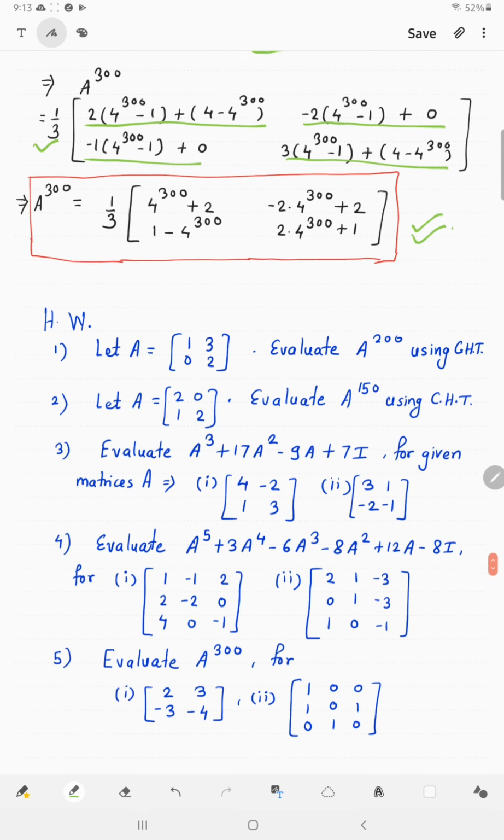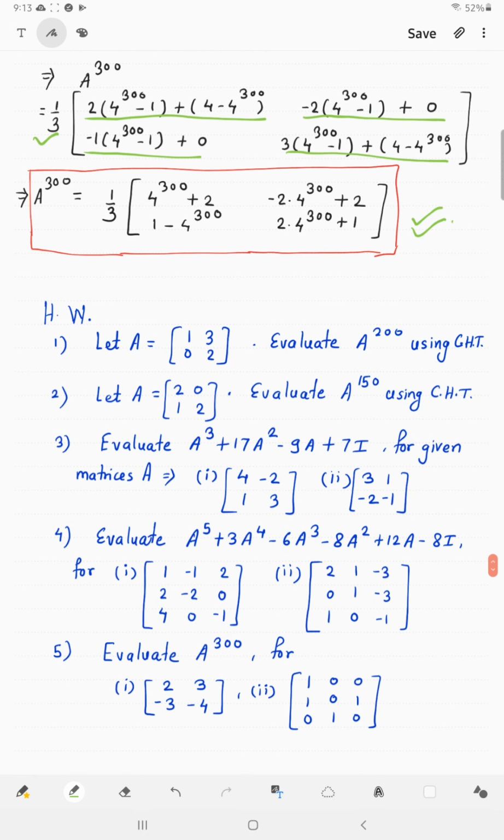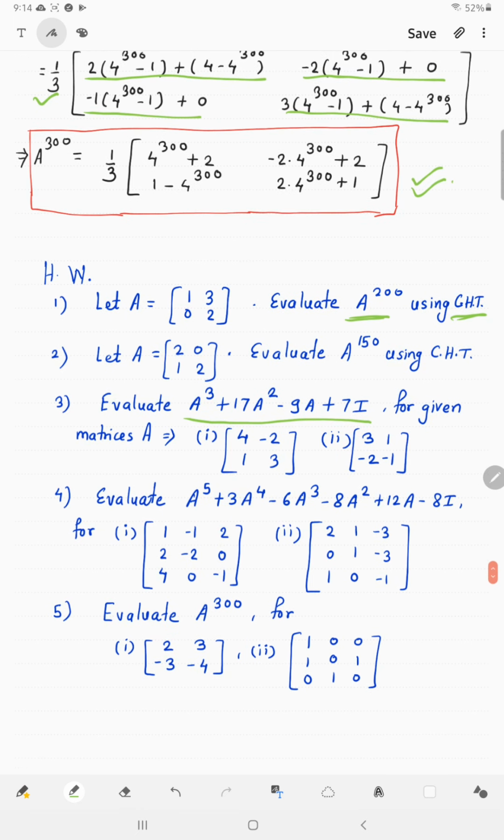Now, these types of problems are mainly asked in our university exam, so do practice all of this. Either this type of example or a power example is usually asked in our exam using CHT. CHT is the Cayley-Hamilton theorem. This is all your homework. Please go through it.